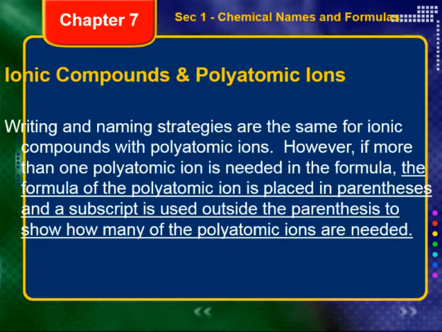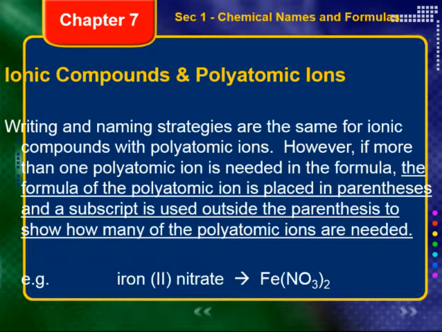For example, if I have iron(II) nitrate, I'm going to take the nitrate, which is NO3, and place that inside some parentheses. Now, looking at your polyatomic ion sheet, you can see that nitrate has a -1 charge.